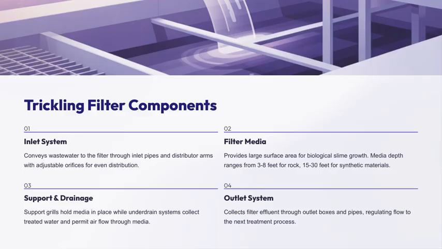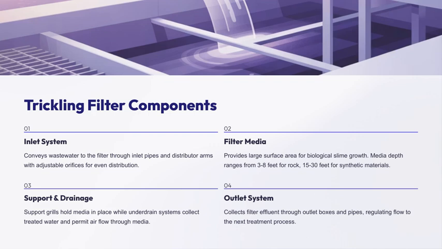Moving on to support and drainage, this component includes support grills that hold the media in place securely. Beneath that, the underdrain system plays a vital role. It collects the treated water as it percolates through the media and also allows air to flow through the media. This airflow is essential because it helps maintain aerobic conditions, which are key for effective biological treatment.